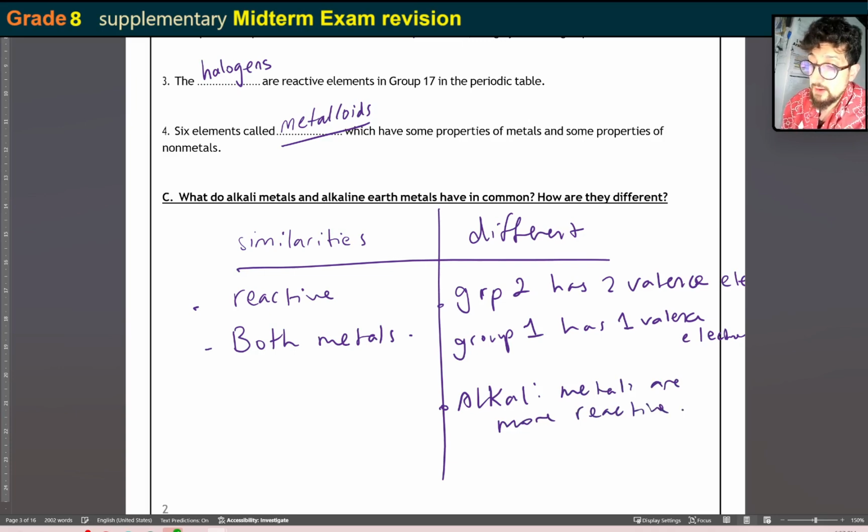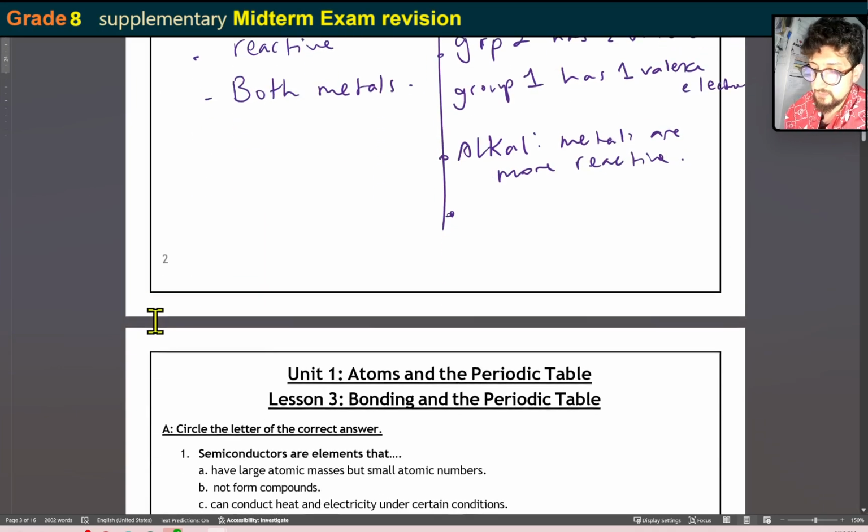We could also say alkali metals are really light, they're less dense, and they float. But we'll stop there. Now let's keep going.